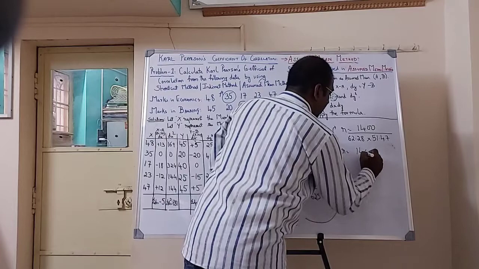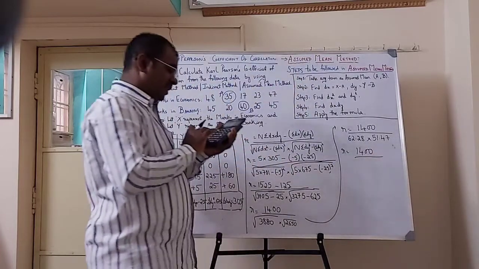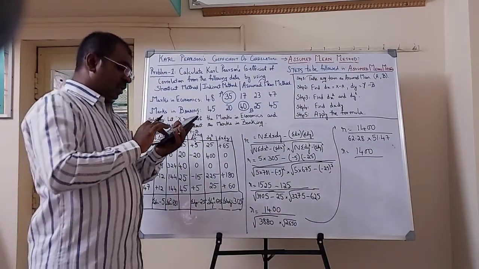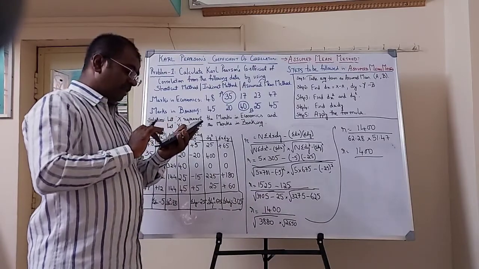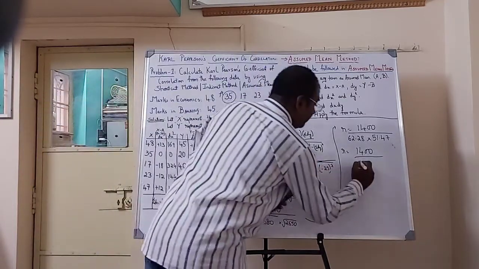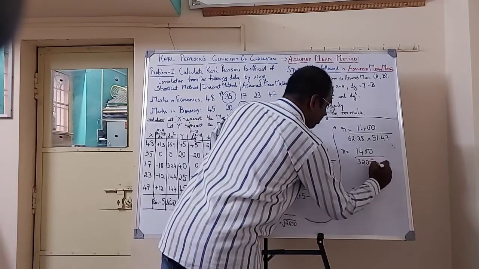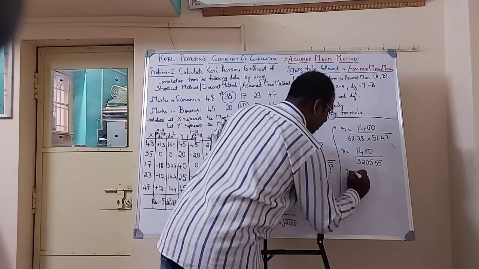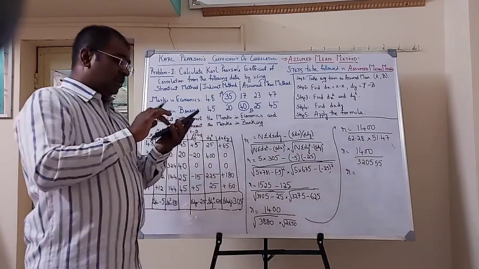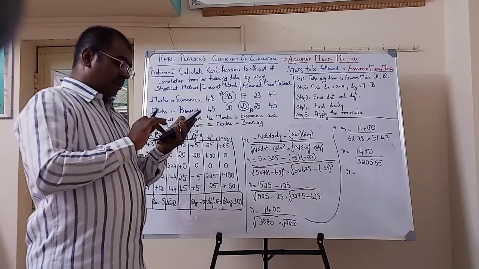R is equal to 1400 divided by 62.28 into 51.47, which is 3205.55. Therefore, R is equal to 1400 divided by 3205.55.